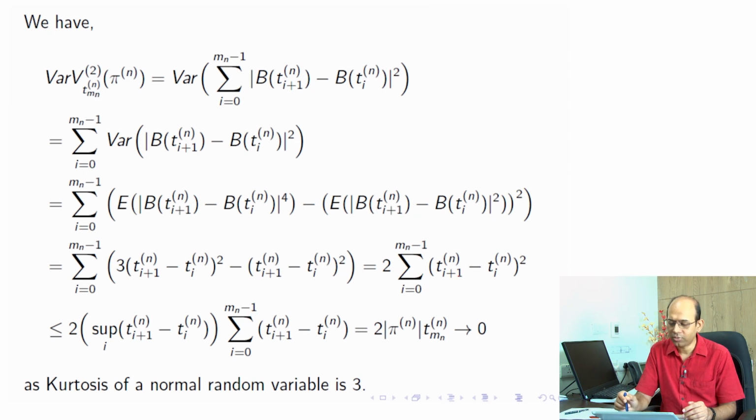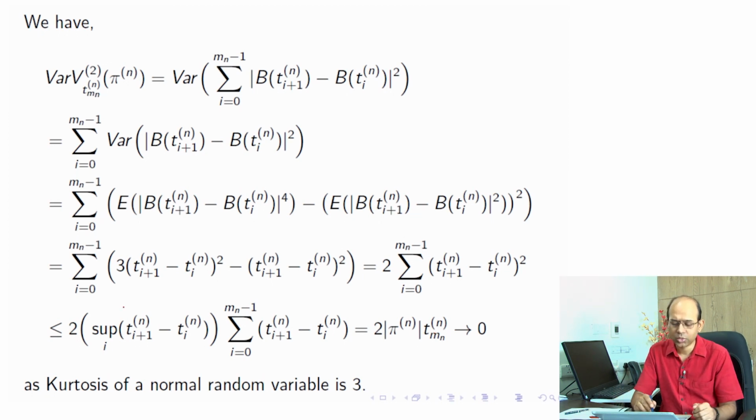Since the supremum of the term over all possible i is independent of i, that comes out of the summation, so it is outside. However, this summation is a telescopic sum, its value is exactly T_{m_n}, which is the approximation of capital T. So this is a sequence in n which converges to capital T, therefore it is a bounded sequence, correct?